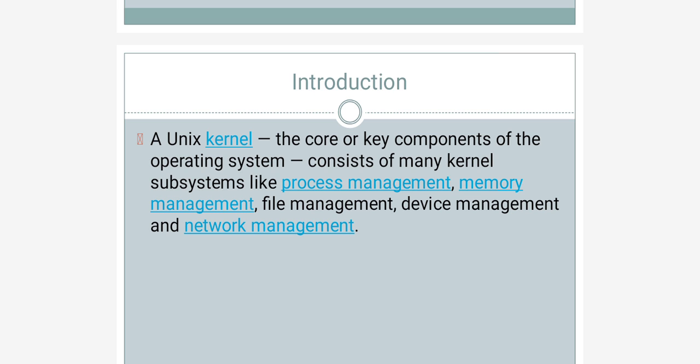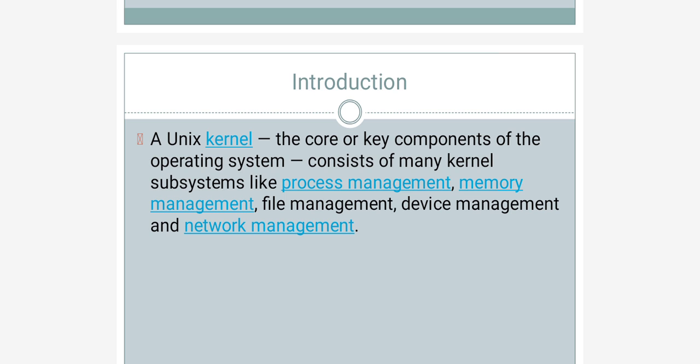The first one is process management. Whatever process you are going to run in your operating system, all of these processes are controlled using process management. A process means whatever action you are going to perform in your operating system.